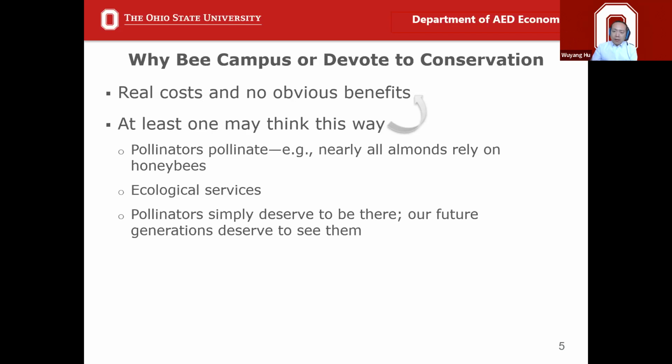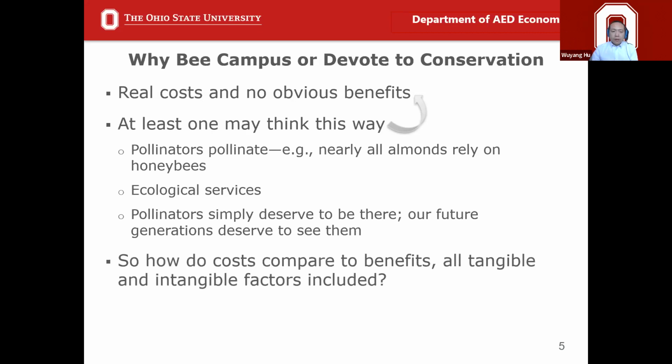So when we talk about values and benefits, we can't only look at the existing values as tangible values, right? One fruit being produced out of the service of a honeybee, sure, that's one part of the benefits, but we also need to look at some intangible future benefits.